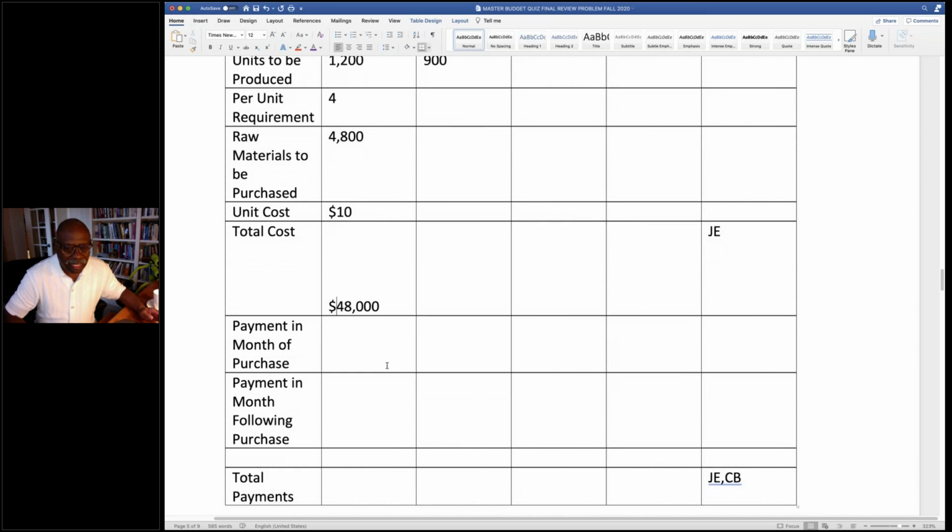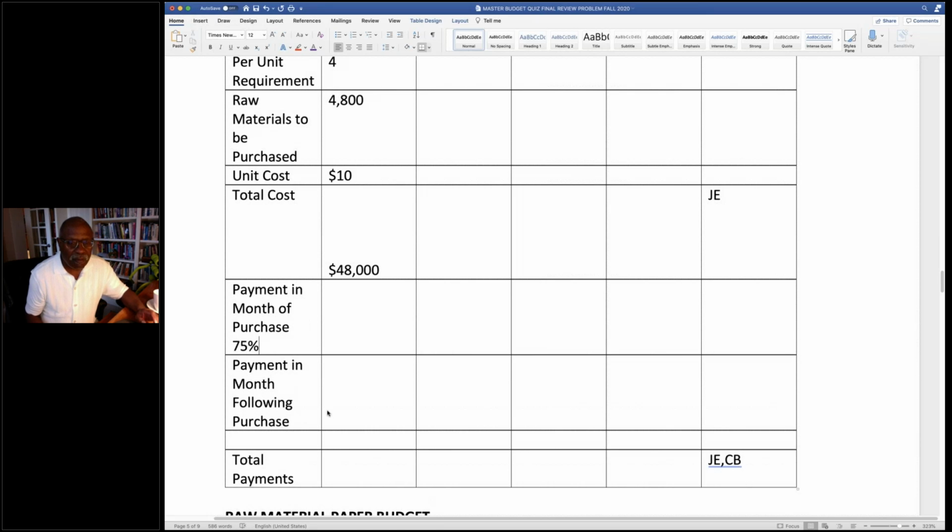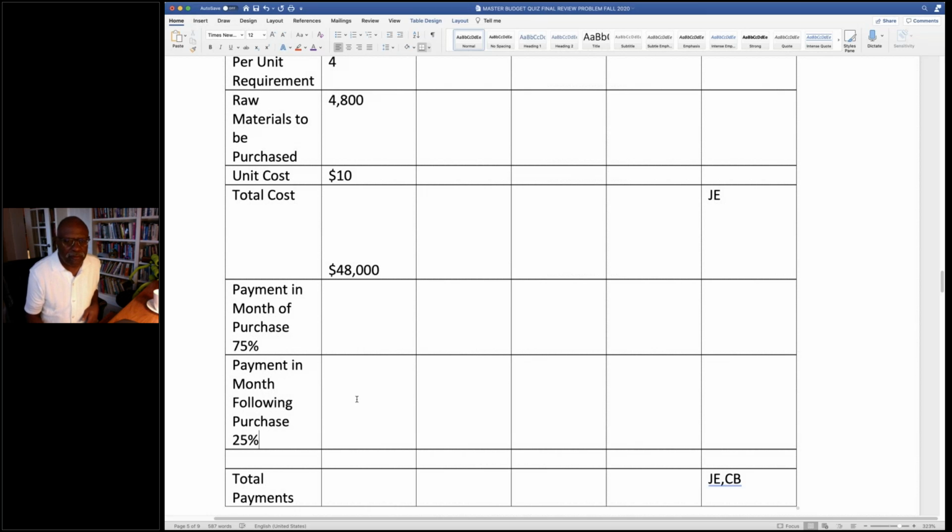As you can see, how much are we paying in the month of purchase? What's our percentage? It's 75% month of sale and then 25% month after sale. How much are we paying? What's the number gonna be? 36,000.